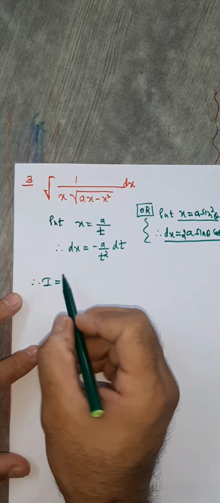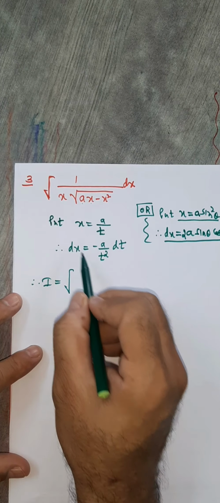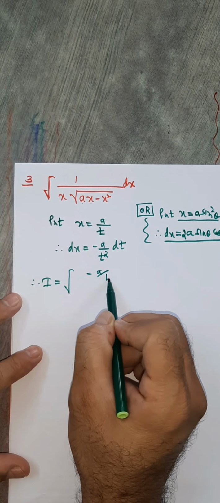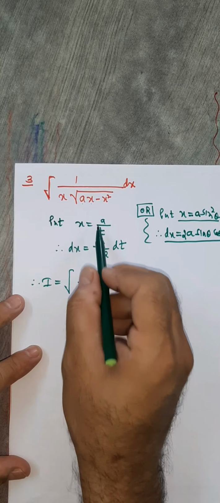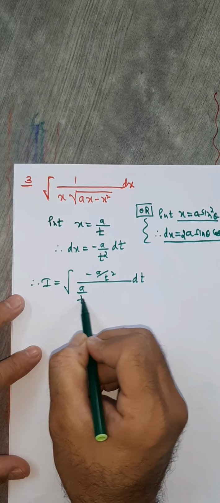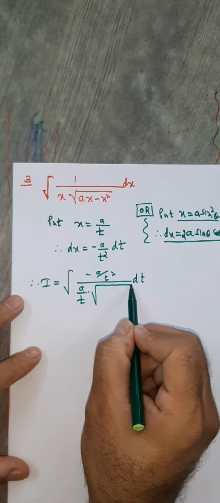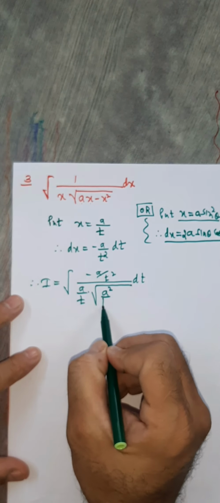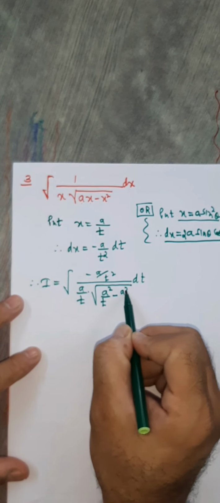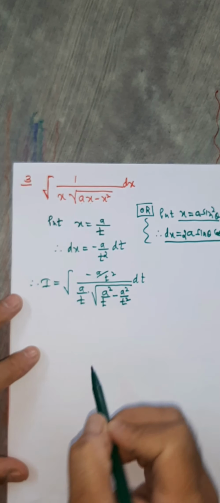What is dx? That is minus a by t square dt. What is x? a by t, into, here a as it is, this is a square by t minus a square by t square.